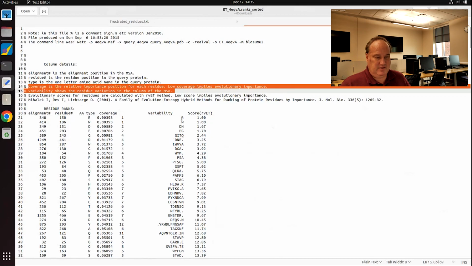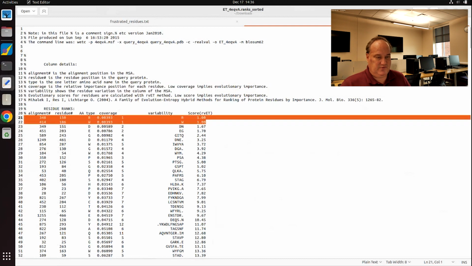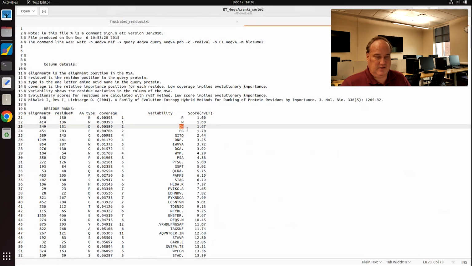The variability shows the residue variation. These first two residues are only arginine and only tryptophan. For the third residue, it's either aspartate or asparagine, and the next one is only glutamate or glycine.